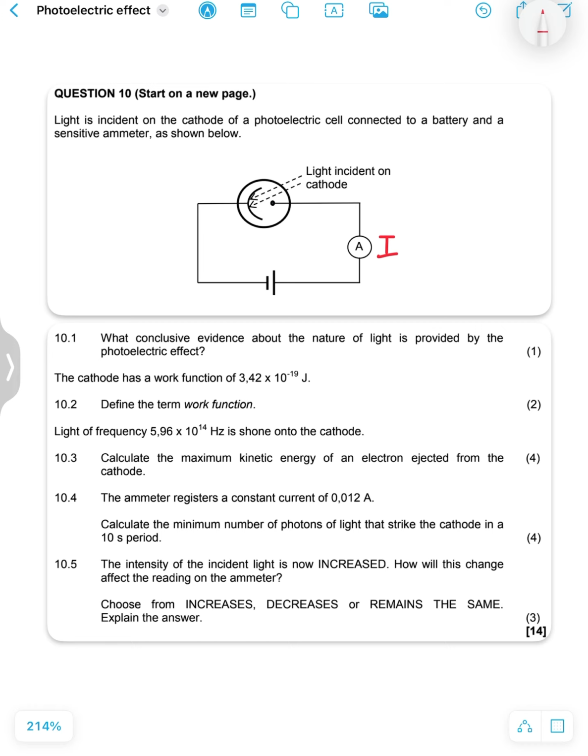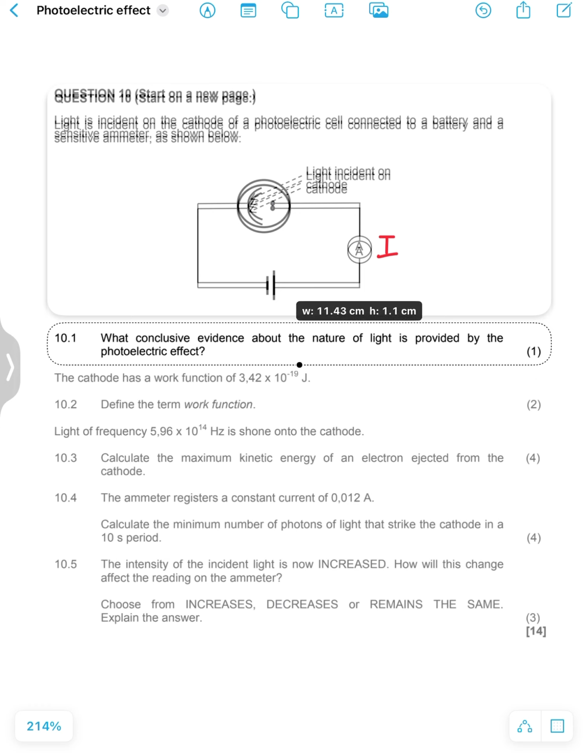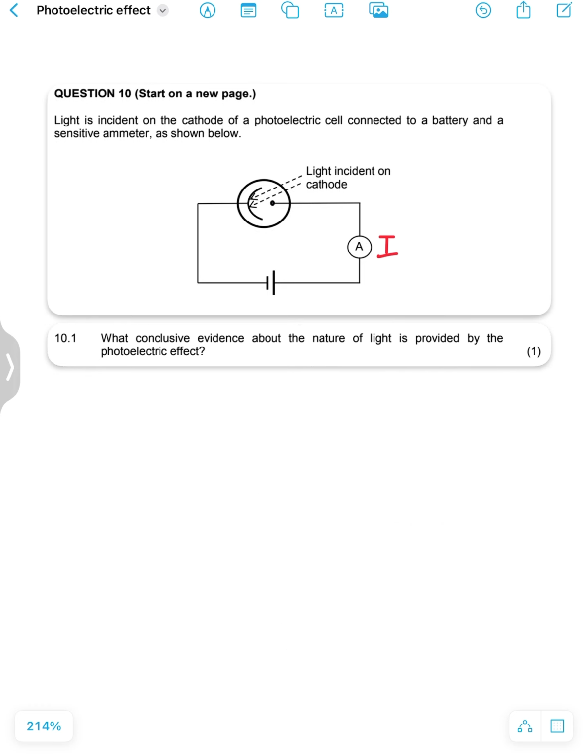10.1 says, what conclusive evidence about the nature of light is provided by the photoelectric effect? The photoelectric effect helps us to understand the particle nature of light, that light has a particle nature, which we call the photon. So the answer for 10.1 is that it gives us the evidence of the particle nature of light.